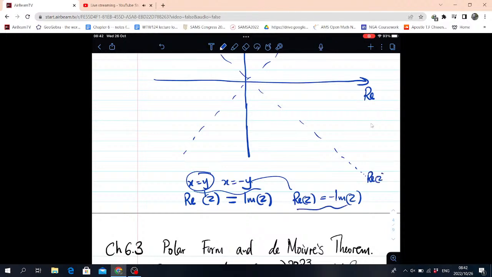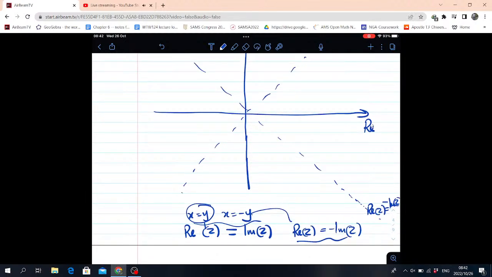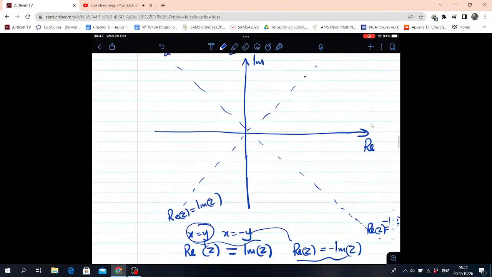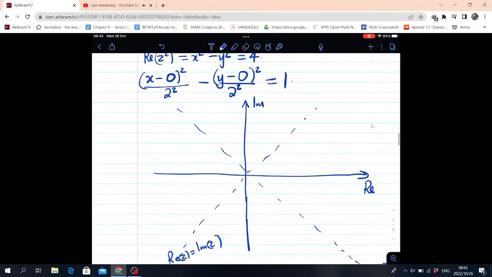And so this is going to be this equation. So real part of z equal to minus imaginary part of z. So that is that line. And then this line is going to be real part of z equal to imaginary part of z, right? So those are the two lines that we have there. And then because of these twos, we know that we are going to have minus 2 there and a 2 there, and our hyperbola will look like this.